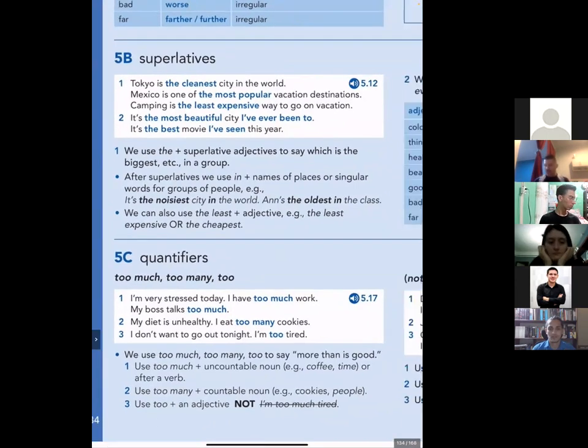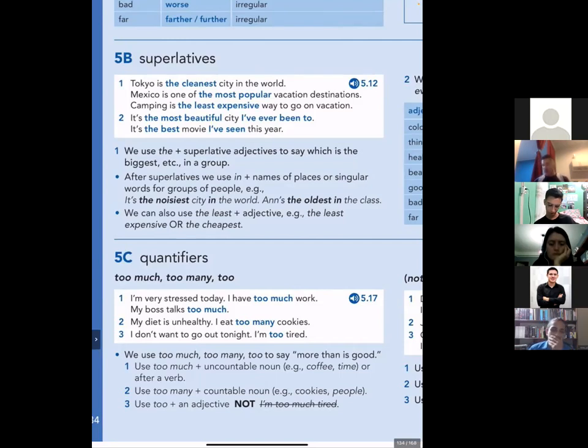Let's look at the examples. I'm very stressed today. I have too much work. My boss talks too much. My diet is unhealthy. I ate too many cookies. I don't want to go out tonight. I am too tired. We use too much, too many, and too to say more than is good. Use too much plus an uncountable noun, like coffee or time, or after a verb.